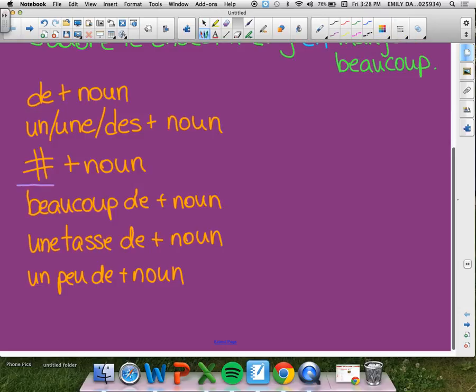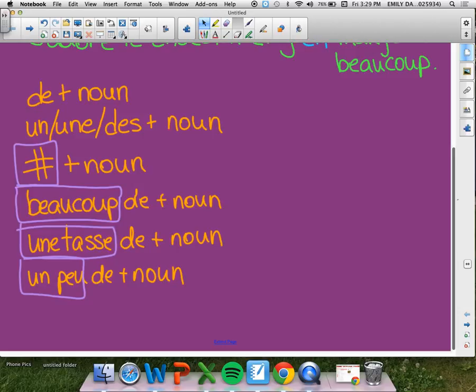Your numbers, you will not replace. Your beaucoup will not be replaced. If you've got un or deux tasses de, that would not be replaced, or un peu would not be replaced. But deux is replaced, and un, une, or des are all replaced. Okay, so if I've boxed it, those expressions would not be replaced.